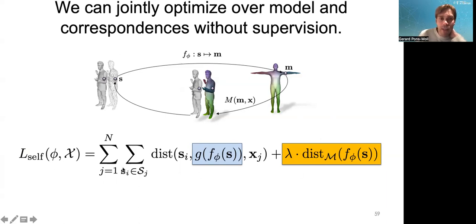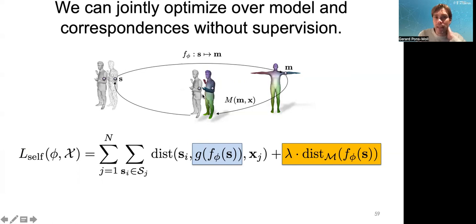All right, so now we have an interesting objective function, which is very clean and elegant, because I can take gradients of this function with respect to the network parameters and with respect to the model parameters x. And so I can optimize over a network that predicts correspondences and over the particular pose and shape parameters of every training registration.